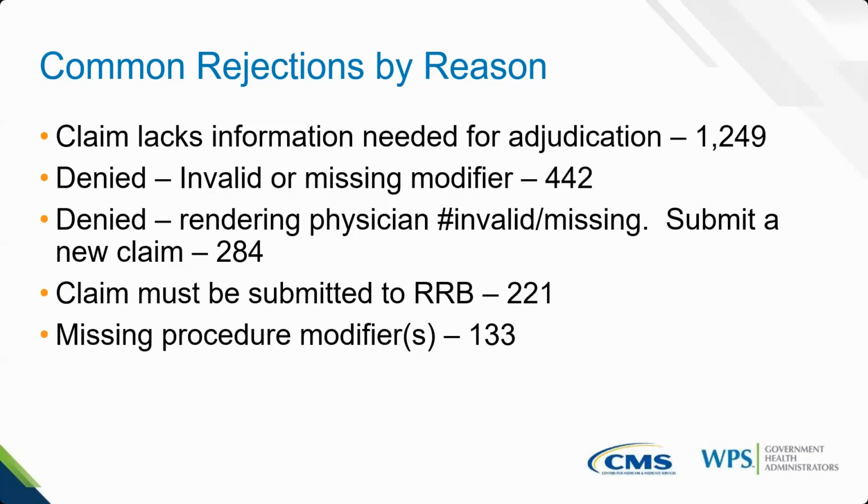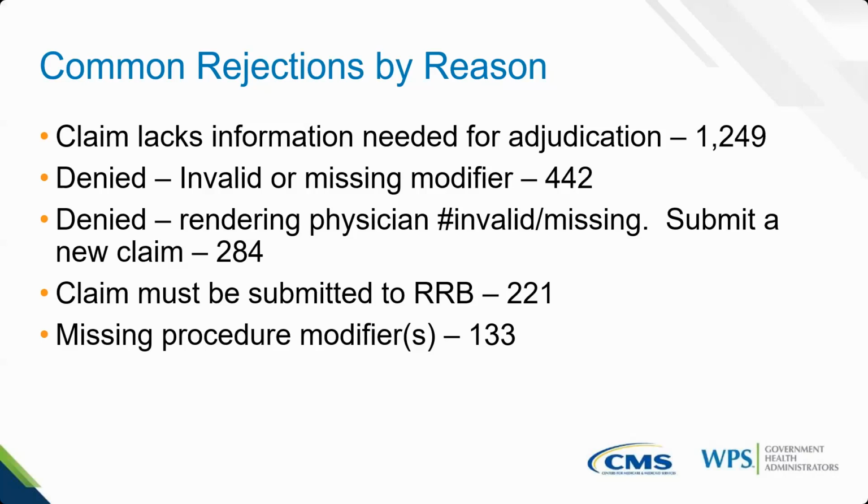Next is claim must be submitted to the RRB. RRB is an acronym, and that's how it prints out on the remittance advice. I did use acronyms on this slide without writing them out. RRB is Railroad Retirement Board.